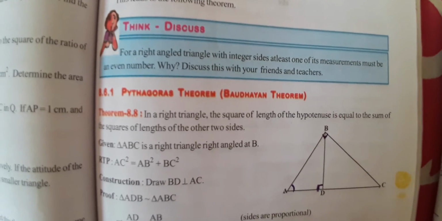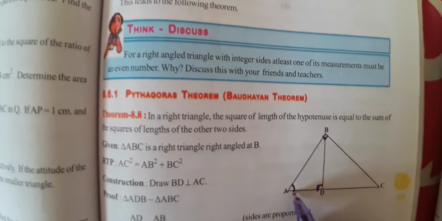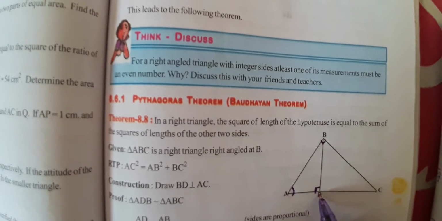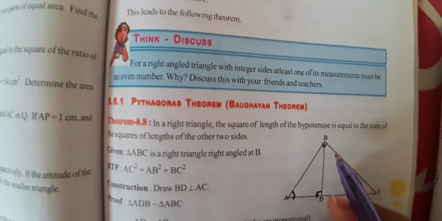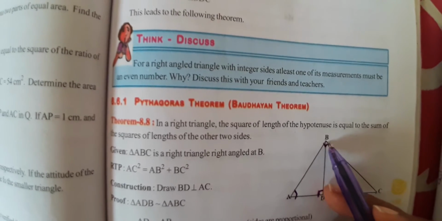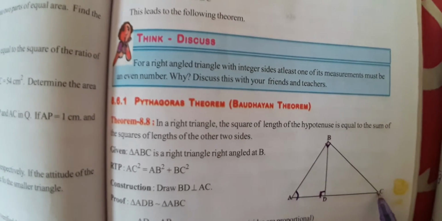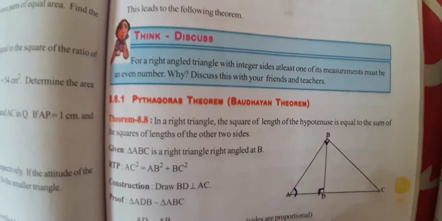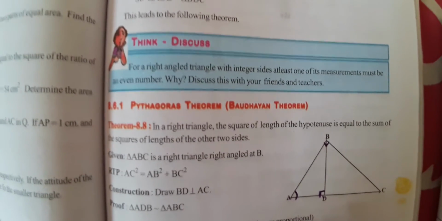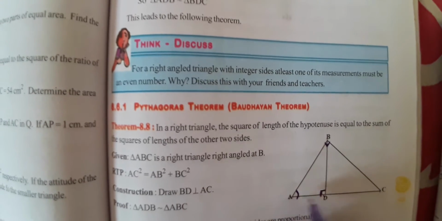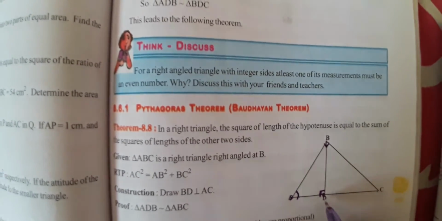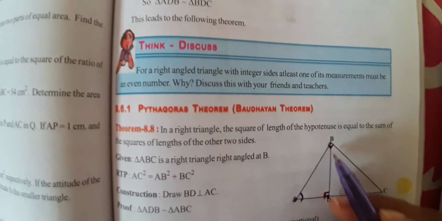Angle A is common. The second angle in the first triangle ADB is 90 degrees, and the second angle in the second triangle ABC is B. So ADB is similar to ABC. I repeat it again so that you will know the corresponding sides, which is very important. In ADB, AD is the first side and DB is the second side.